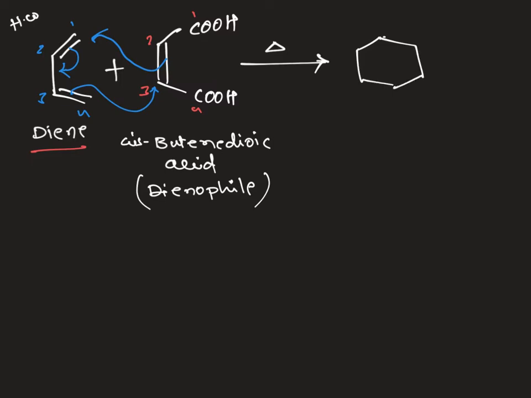So from the 6 member, 4 carbons are coming from diene and 2 carbons are coming from dienophile. So here, this is the diene portion from here to here, and the remaining portion is dienophile, and these two carbons are coming from dienophile, which is having a COH here and COH here.